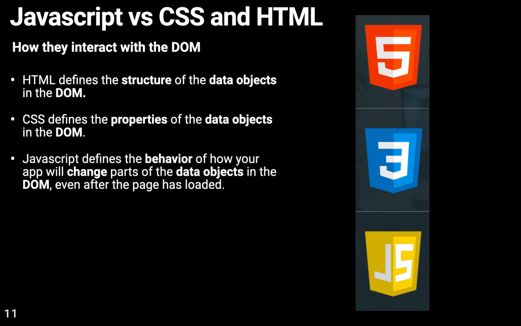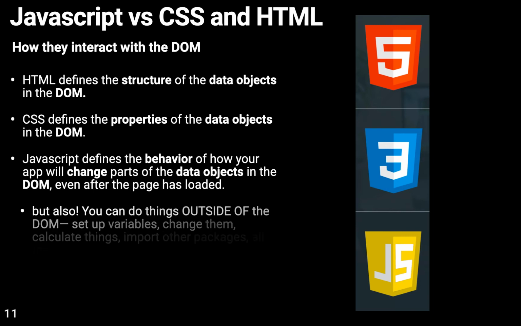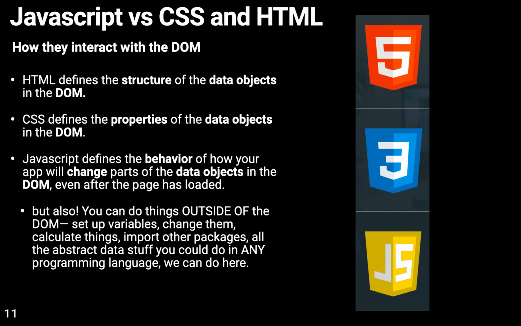And then JavaScript defines the behavior of how your app will change parts of those data objects in the DOM, even after the page has loaded, right? So while HTML and CSS are this sort of upfront one-shot, JavaScript comes in and says, okay, now I can do anything as we continue to use this page. On top of that, though, you can do things outside of the DOM.